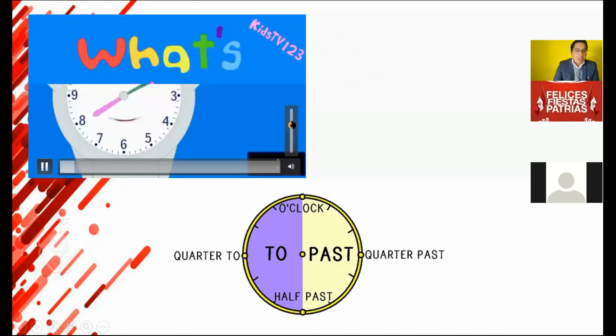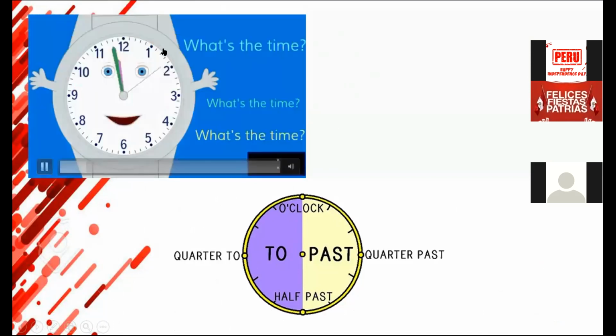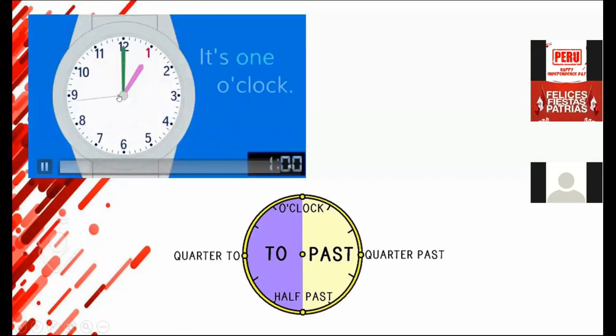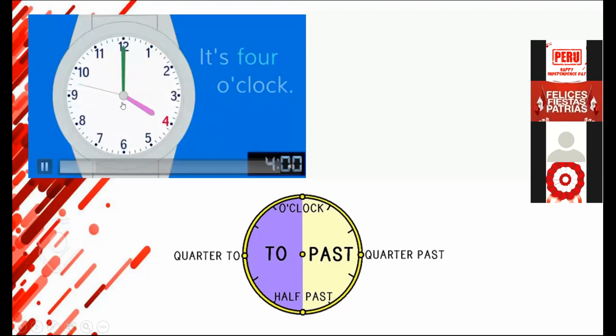What's the time? What's the time? What's the time? What's the time? What's the time? 1 o'clock is 2 o'clock, 3 o'clock, It's 4 o'clock, it's 5 o'clock, it's 6 o'clock, it's 7 o'clock, it's 8 o'clock, it's 9 o'clock, 10 o'clock, it's 11 o'clock, it's 12 o'clock.